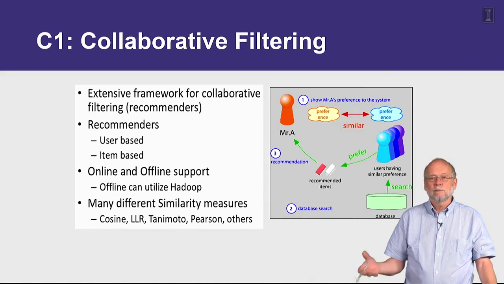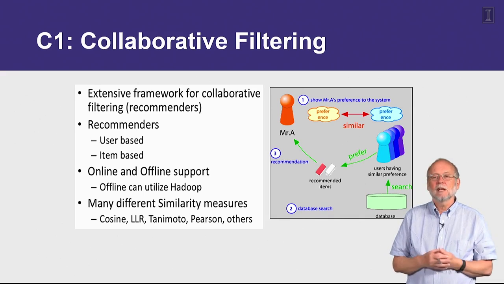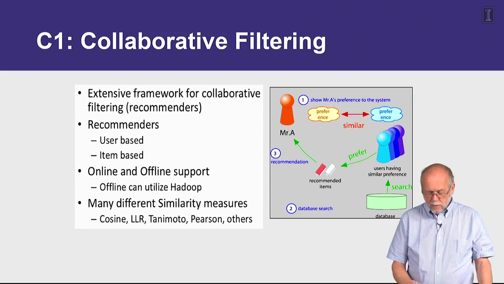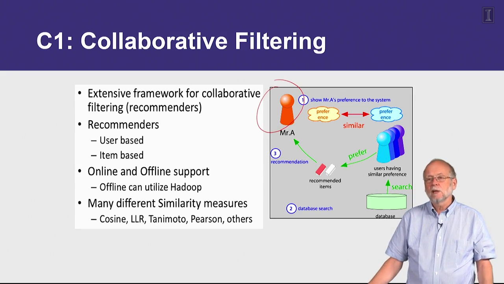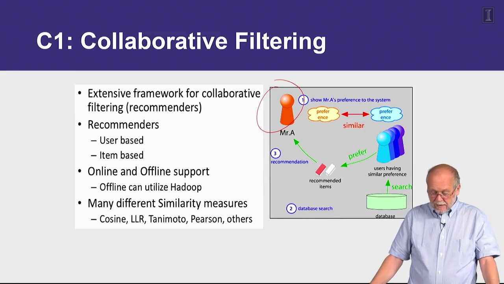So this is collaborative filtering. It can also provide recommendations. It's all user-based. It's referring to items. Users are making recommendations about items. There's online, offline support. In the diagram here, what you see is a particular user, Mr. A, and he's coming in and he has his own set of preferences about what he would like to do, eat, see, buy, read.